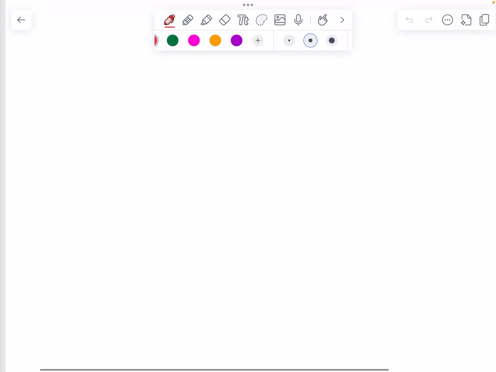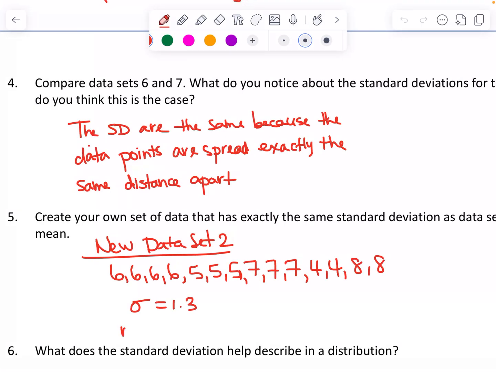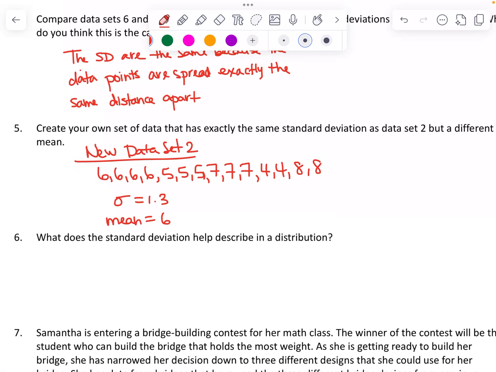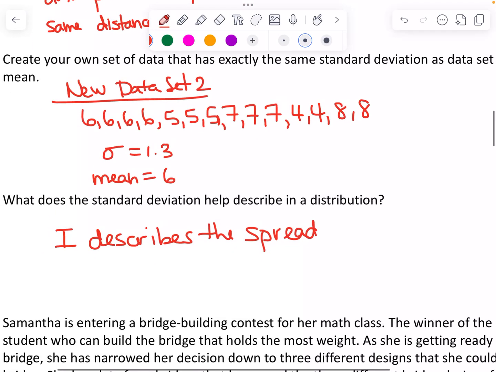All right, what does the standard deviation help describe in a distribution? It describes the spread of the distribution away from the mean.